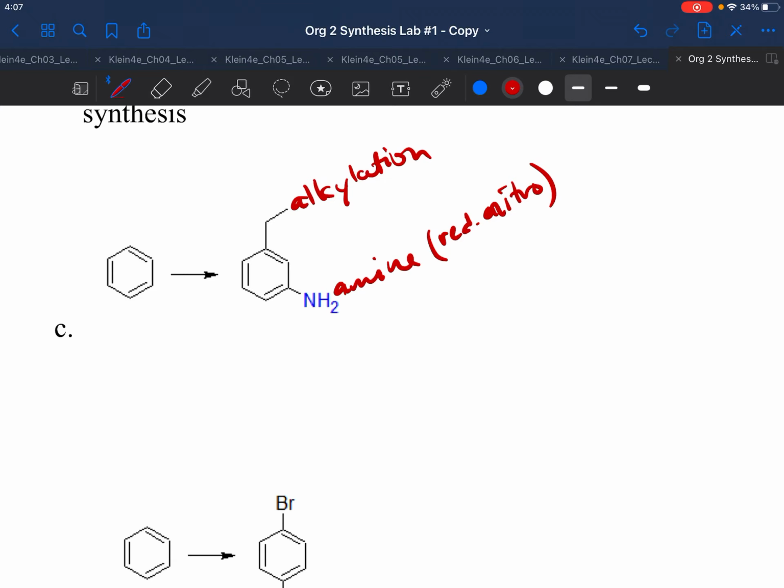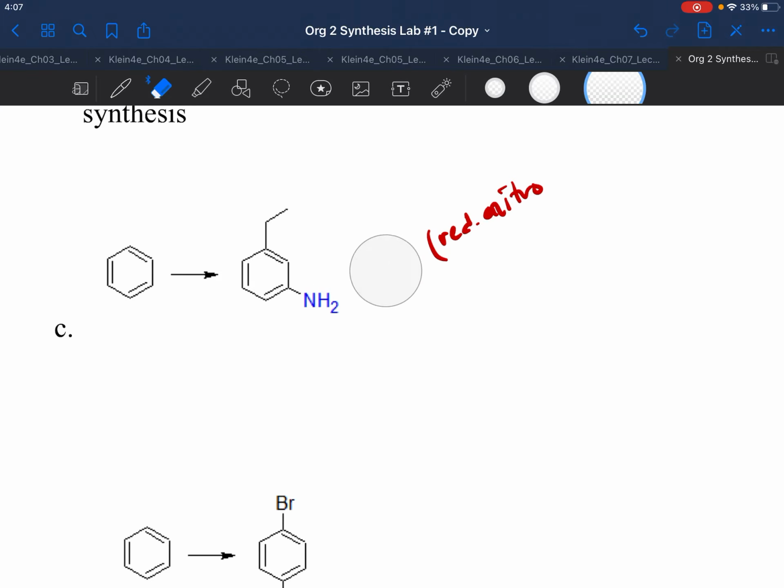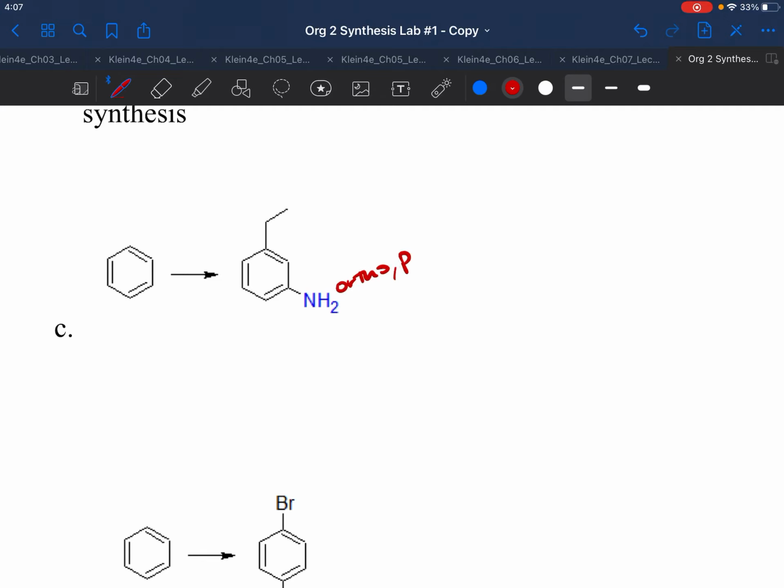This is a meta substitution here. So I have to think about what's going to go on first so that I can get that meta direction. I also have to think about what's allowed. So there's a few different issues going on here. If I think about the amine, this is an ortho para-director.